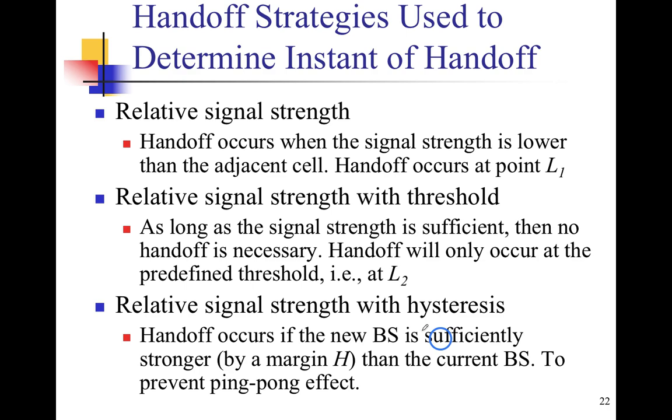Another thing that we discussed before is when is the time that we need to do handoff, when moving from one cell to another cell. So this one shows some of the indicators, or I would say approaches taken, to determine when to switch to another base station.